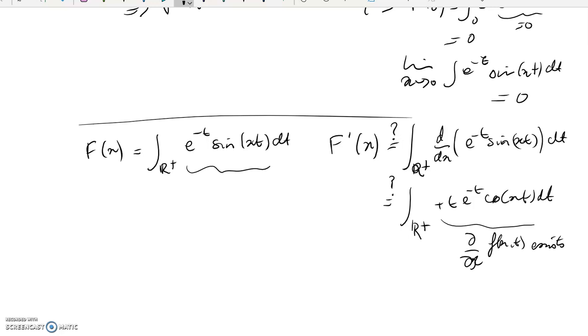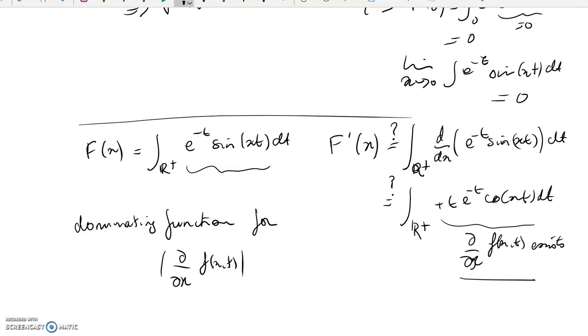And finally, we should find a dominating function. So for this partial derivative, for d over dx f of xt, I should find a function g that does not depend on x and depends only on t, and that function g should be integrable, and I have that for all x in R.